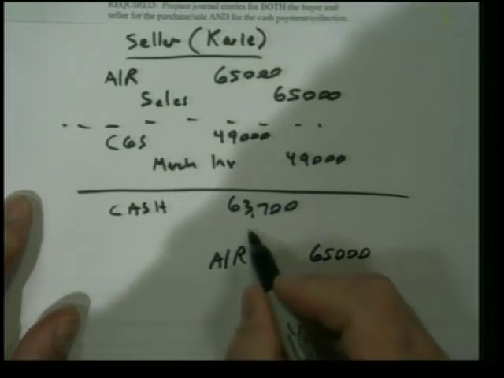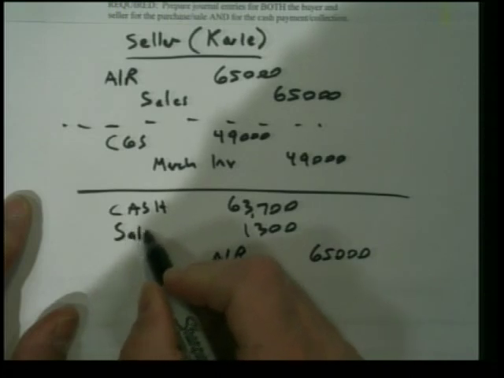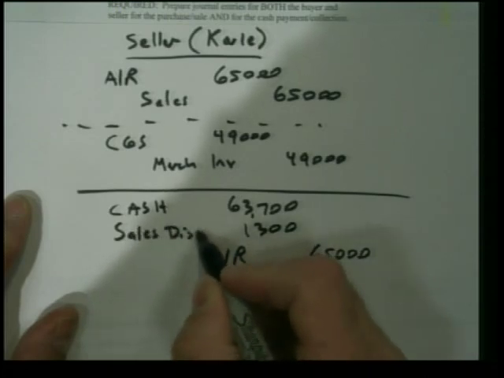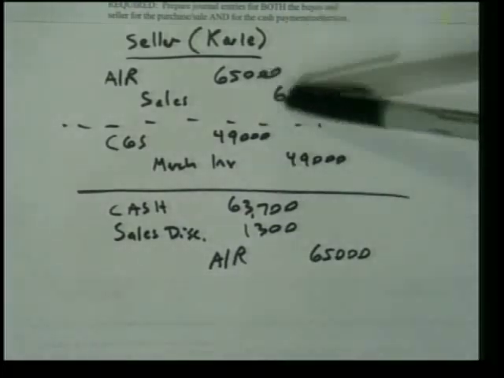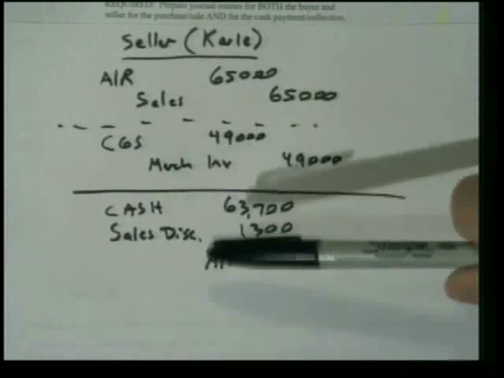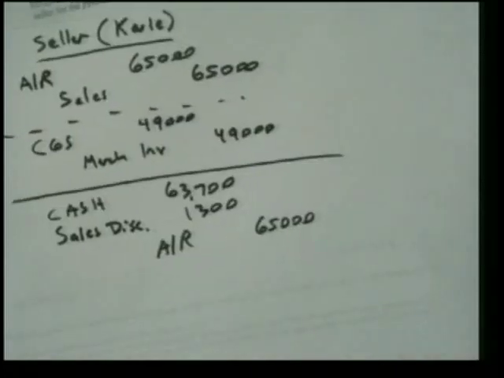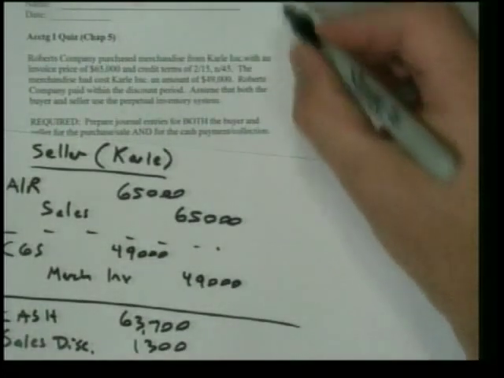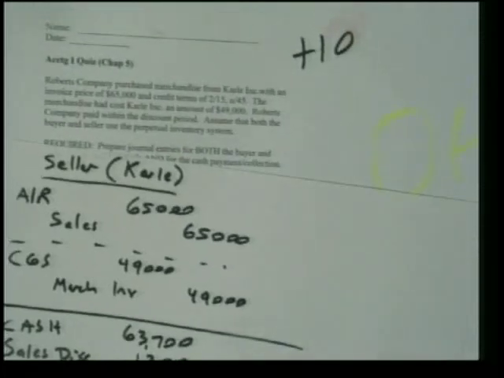And then where does that $1,300 go? Sales discounts. Sales discounts, okay? So that's worth 2 points, that's worth 2 points, that's worth 2 points, okay? So at the very top of it, put how many they got right, like plus 10 if they got it perfect, okay?